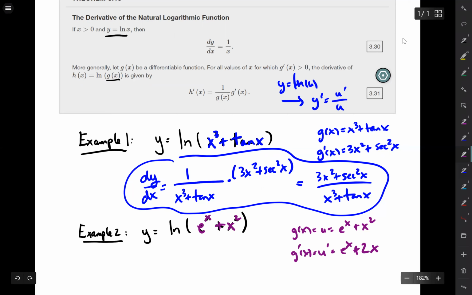So we get that dy/dx is 1 over u, which is e to the x plus x squared, times u prime, which is e to the x plus 2x, which again you could have just written as u prime over u.